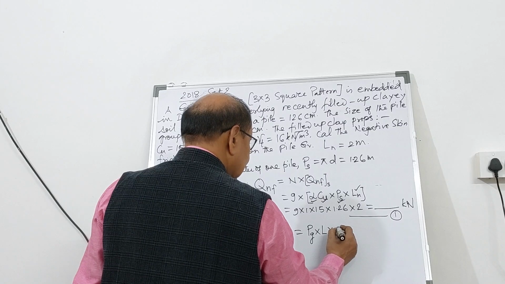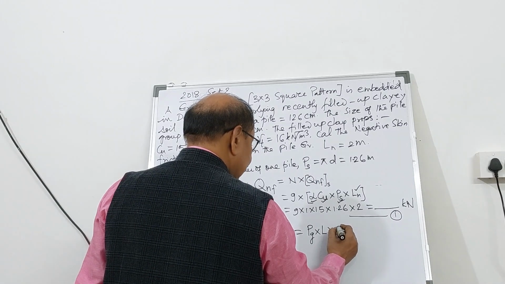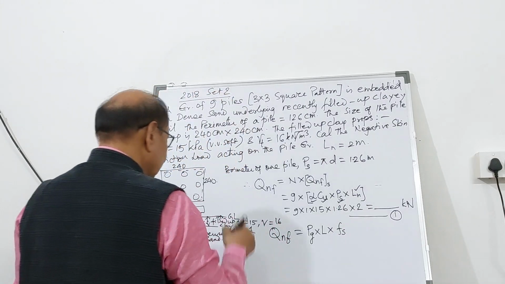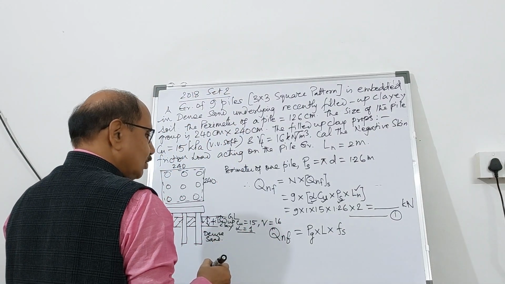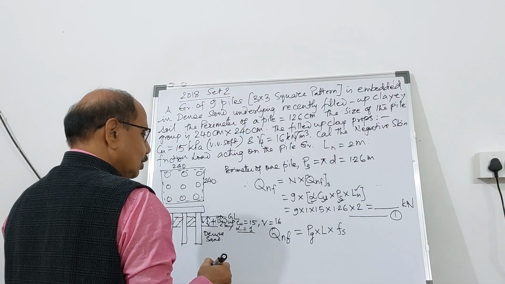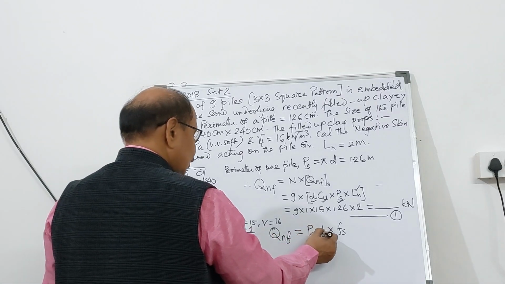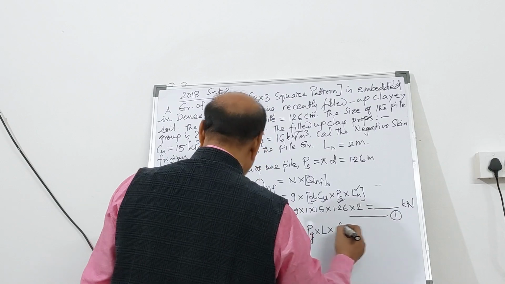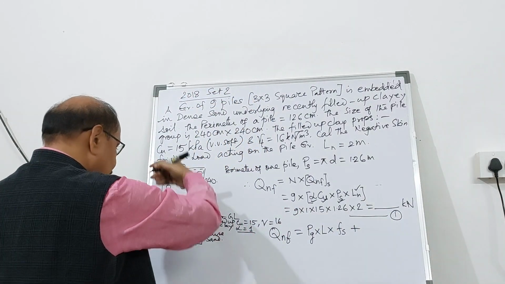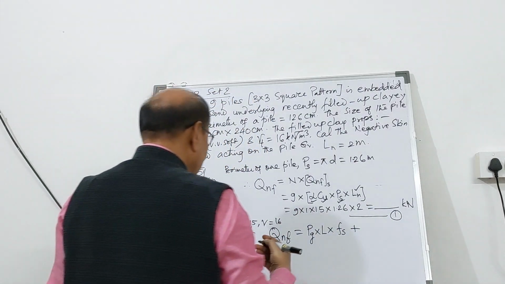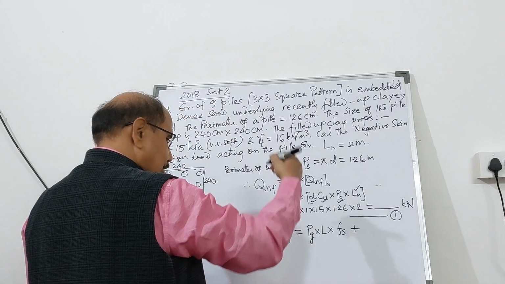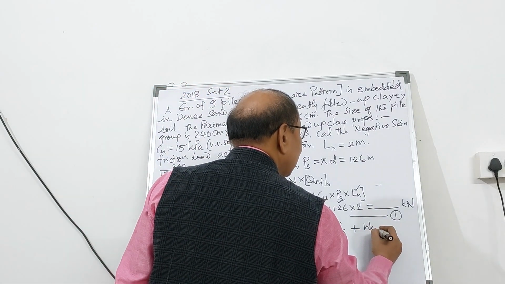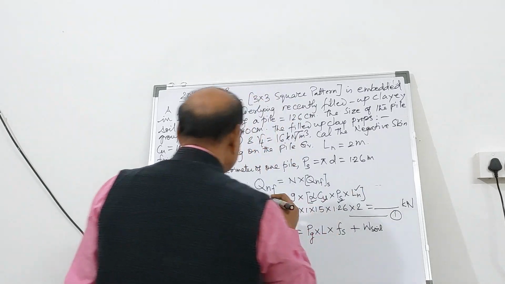multiplied by the negative skin friction. It is acting in the downward direction. So perimeter into length, this, plus the weight is also going to move in the downward direction. So the total downward force is going to be weight of the soil within the group.